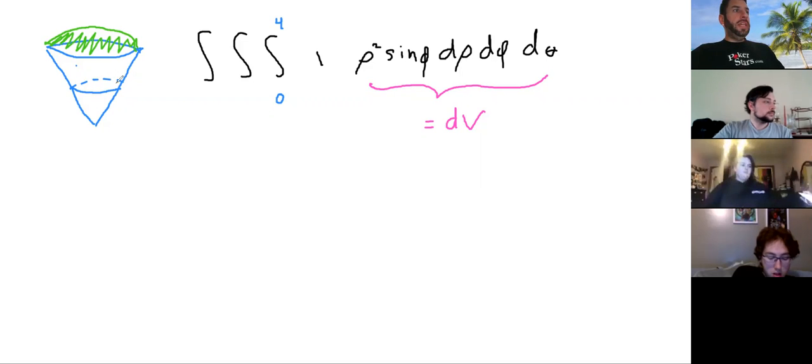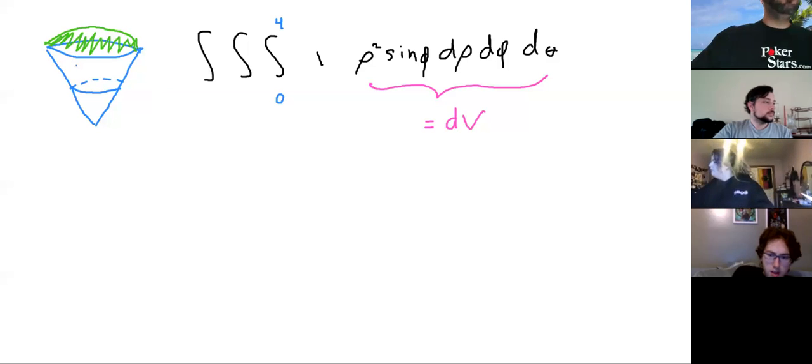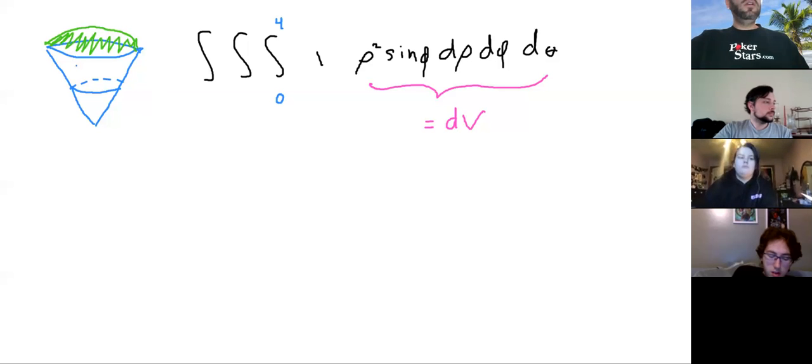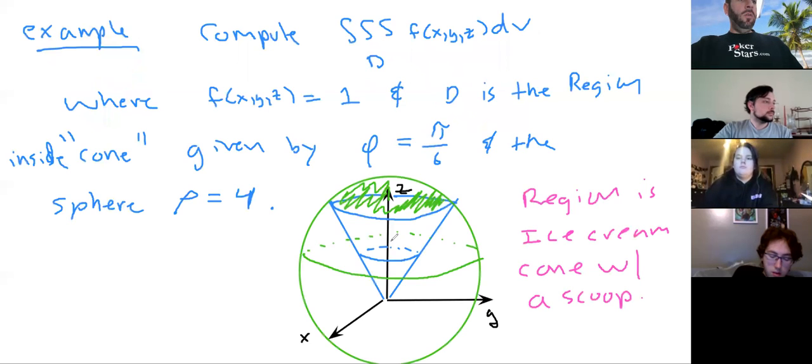Okay, now what's phi? If we go to the previous page, you will remember, and even from the last lecture, phi is the angle from the z-axis. So let's get another color, maybe pink. So phi is this angle, the angle from the z-axis to the solid.